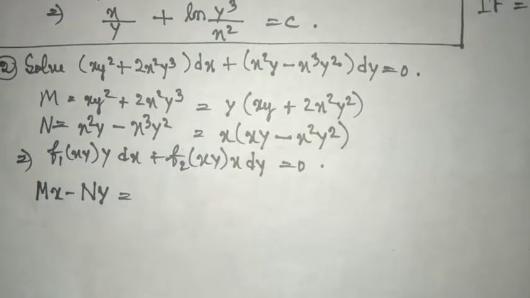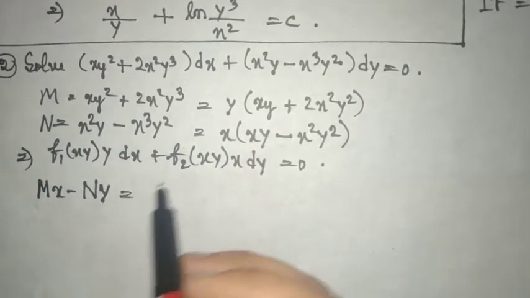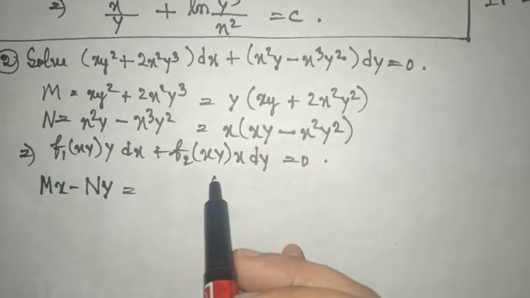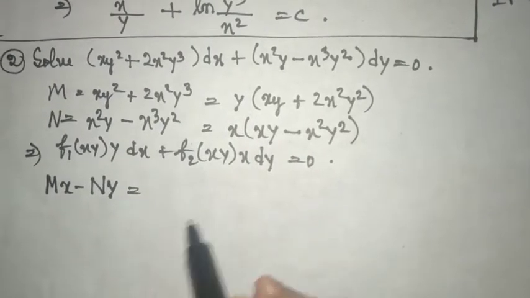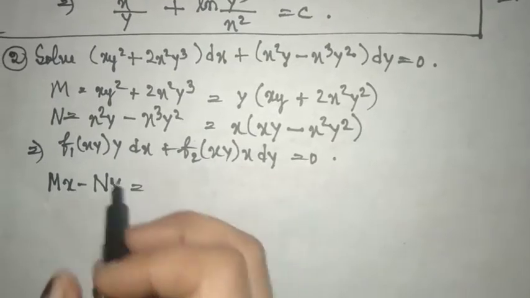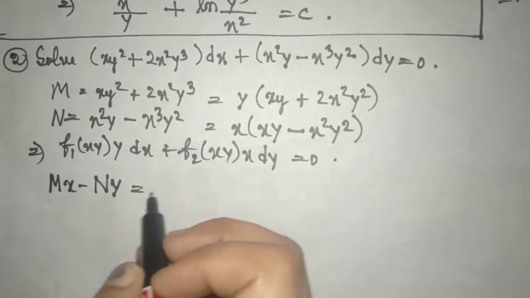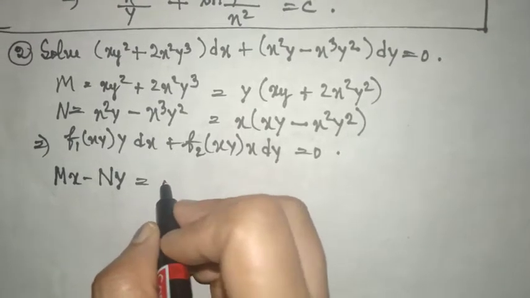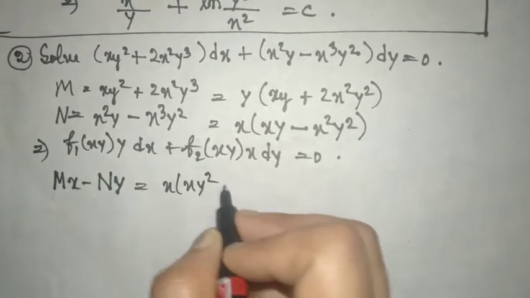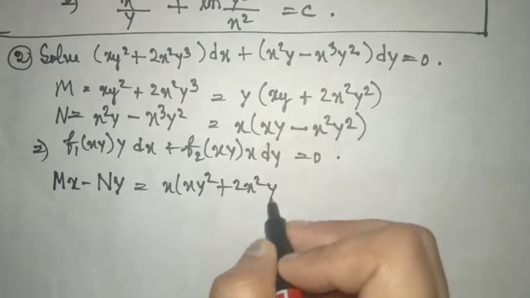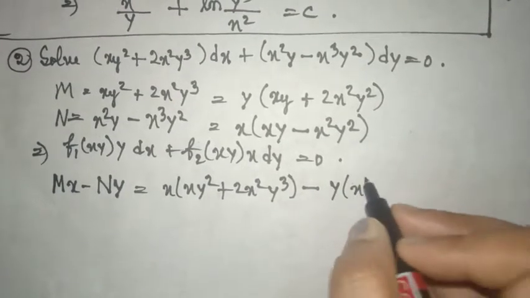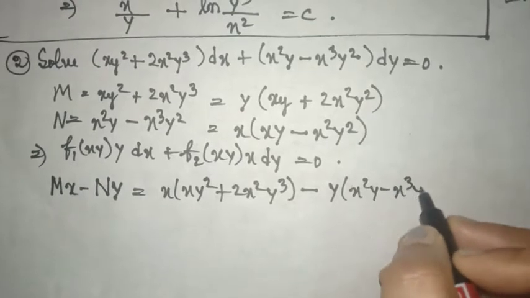After getting it in this form, we know that the integrating factor is going to be 1 by (mx minus ny), if and only if mx minus ny is not equals to 0. So here mx minus ny is how much? This is xy square plus 2x square y cube minus y into (x square y minus x cube y square).